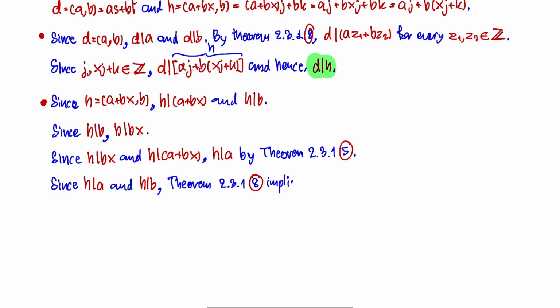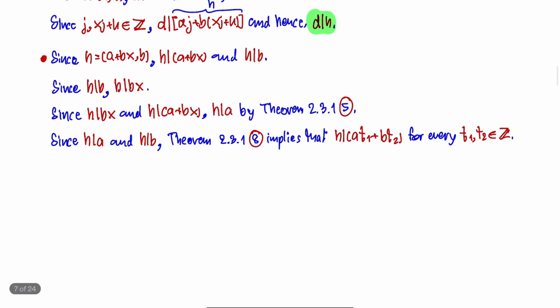It implies that H divides A, let me use variable, T1 plus B T2 for every integers T1 and T2. Okay, then what do we have next?